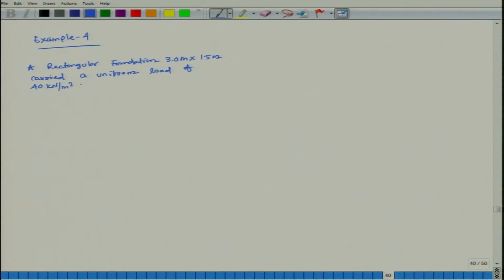Determine the vertical stress at point P, which is 3 meter below the ground surface. Use the equivalent point load method.